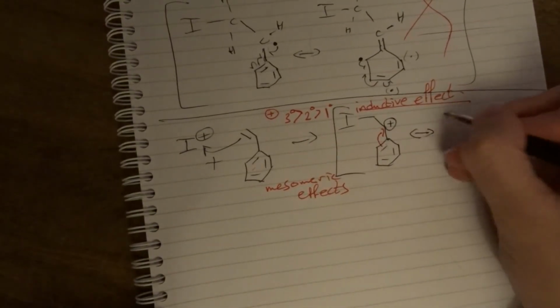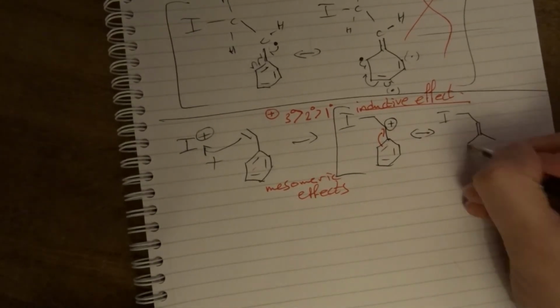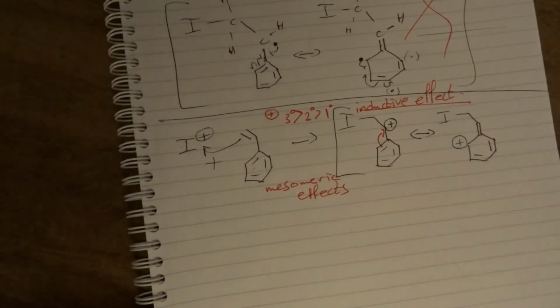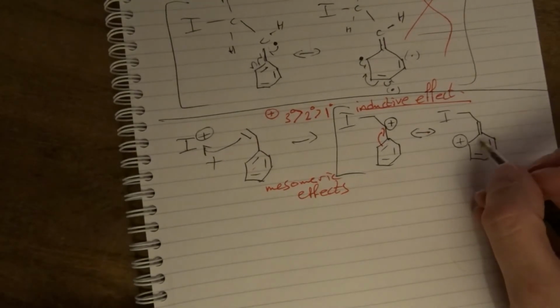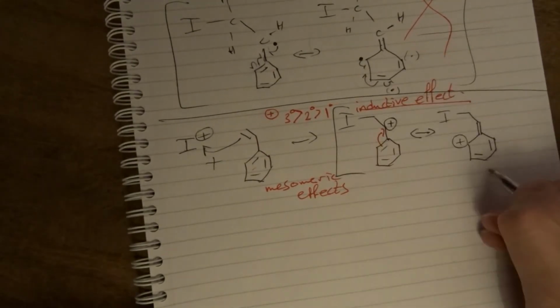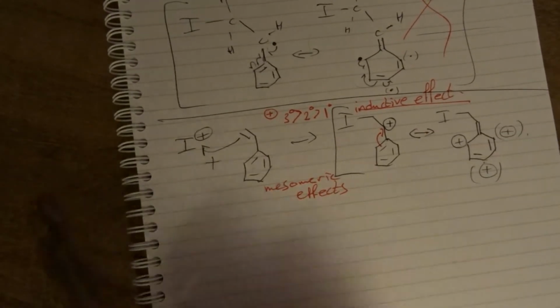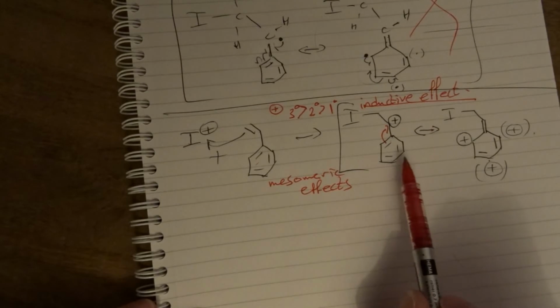So we can draw some resonance structures where we have here a double bond, then the ring, positive charge here, and those double bonds are maintained. And of course, as with the radicals, we can also draw the positive charge here and here. So we have also two reasons why we can choose cationic polymerization for styrene. Very good choice.